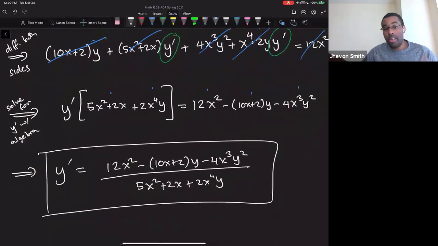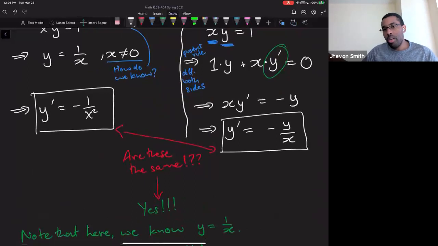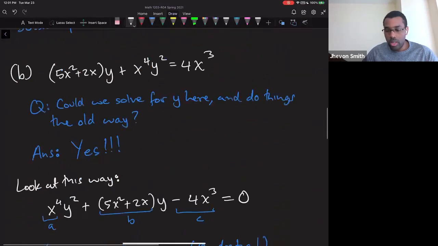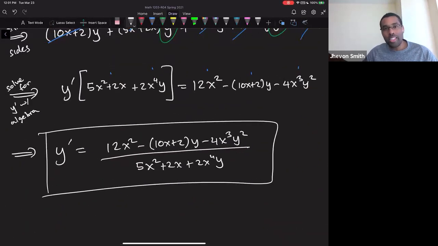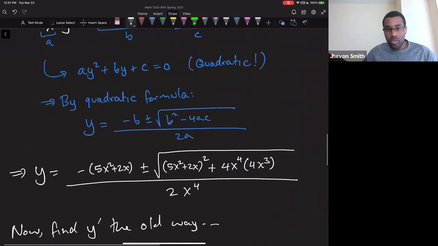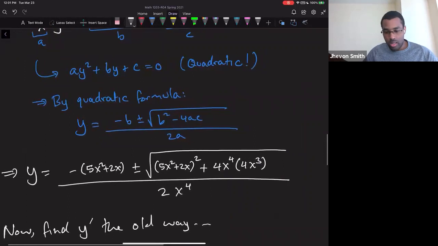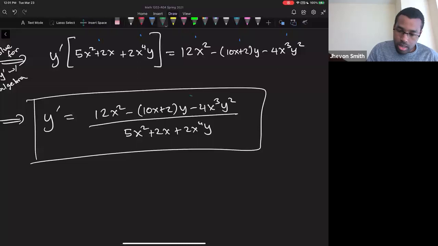So that's the derivative. And it does have y's in the answer, but it is the answer. You can rest assured, even when we have y's in the answer, it's going to be equivalent. It has to be, because we're using the chain rule. And if you want to have an idea of what the answer would look like had you done it directly, imagine this thing right here in this position, and that position.